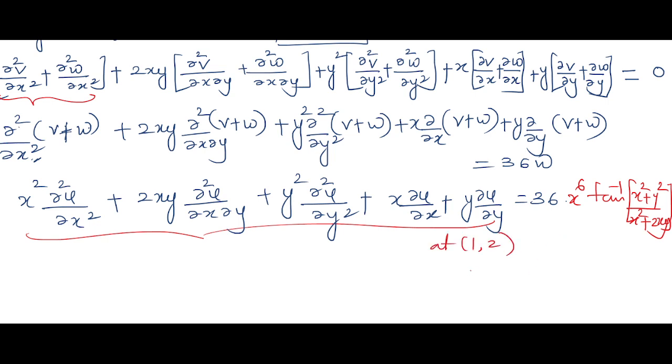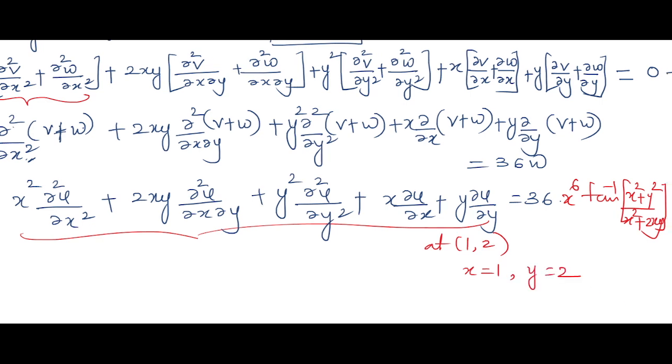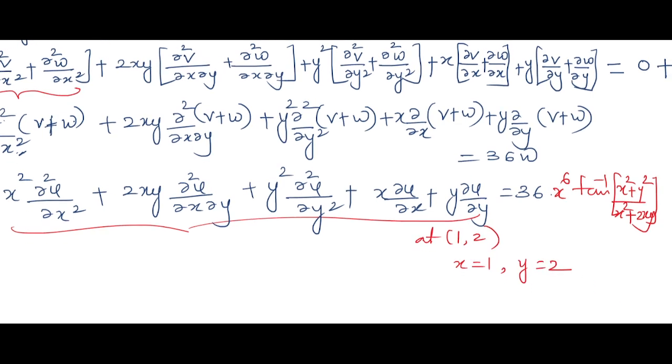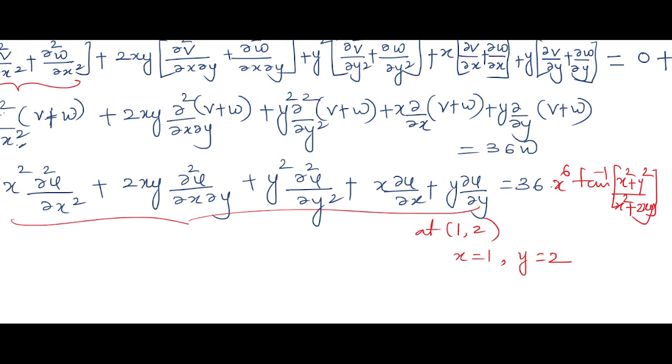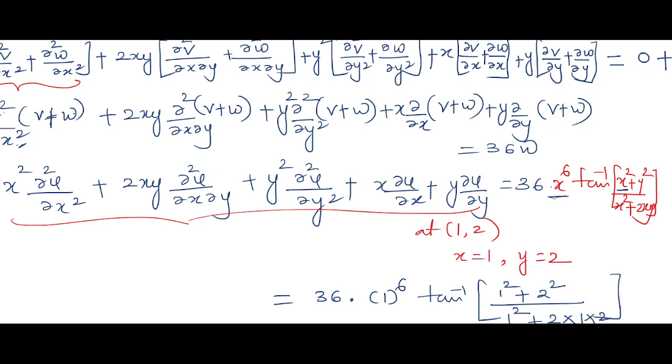So on the right hand side we are going to substitute x as 1, y as 2. So it becomes 36, x as 1, so 1 raised to 6, then tan inverse of, in place of x square 1 square, plus in place of y, 2 square, and again the denominator 1 square plus 2 into x y, 2 into 1 into 2.